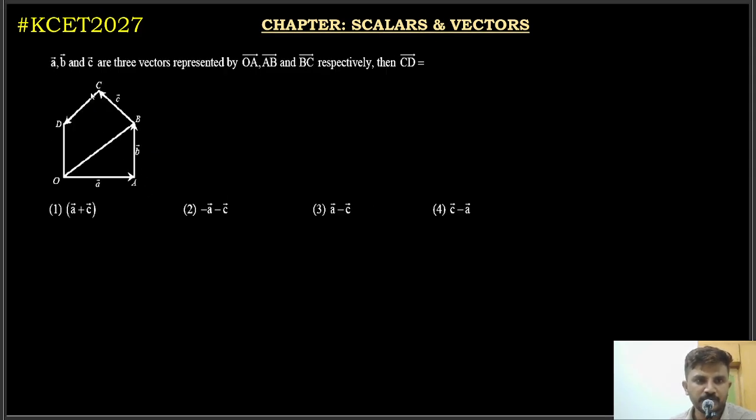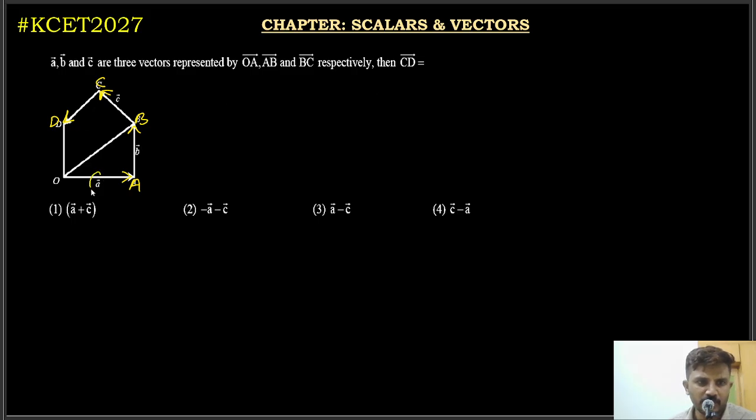Next we have A, B, C are the three vectors represented by OA. OA is this, this is B, this is C, and this is D. Look at the arrow mark, it's like this. Okay, OA is like this. What is CD? CD is this length.